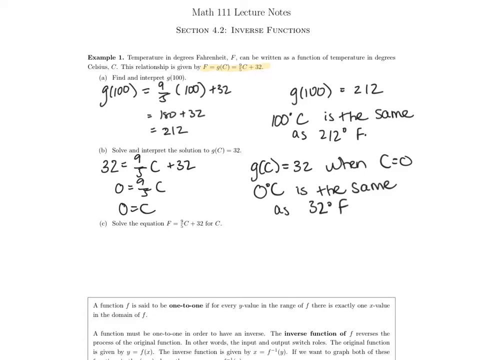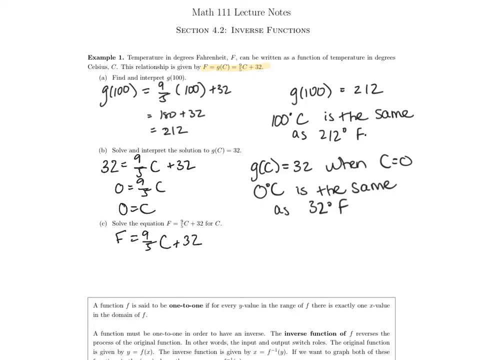So we know that Celsius and Fahrenheit relate to each other, but what if I want to solve for Fahrenheit, or what if I want to solve for Celsius? That's what part C is about. It says solve the equation F equals 9/5 C plus 32 for C, which means now let's try and get C by itself.